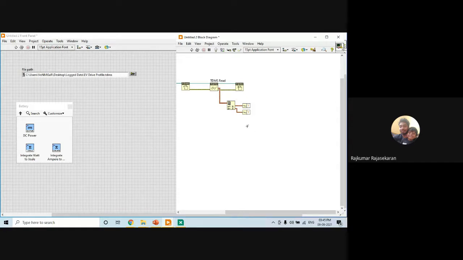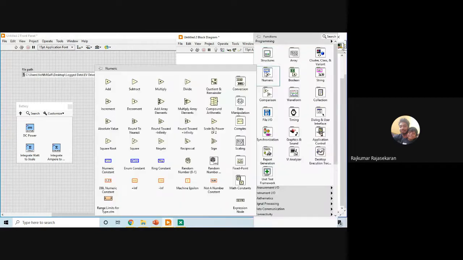And to calculate power, since they say integrate watt to joule, meaning power will be integrated to joule, we need the voltage and current product. This is a single point value. So we can basically multiply.